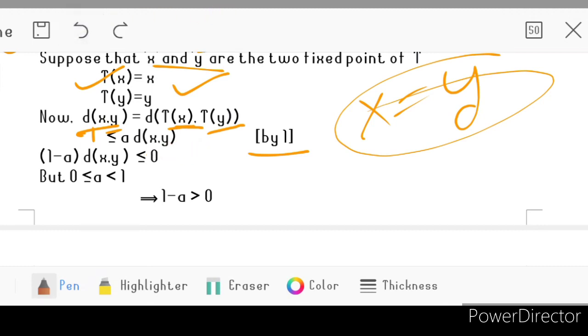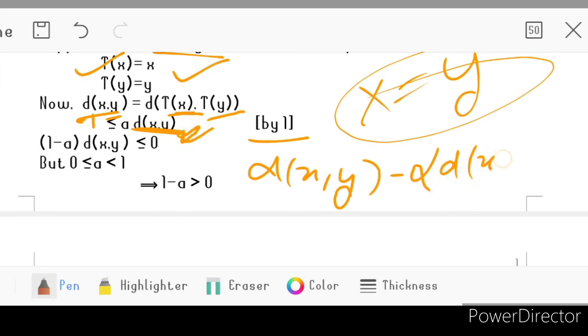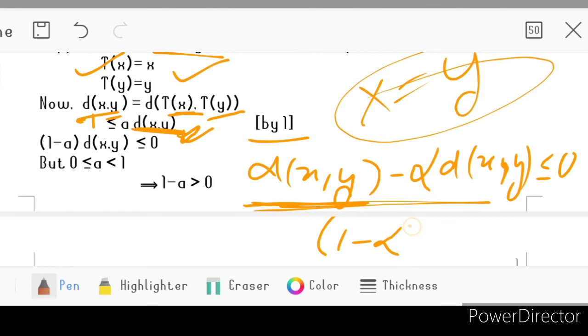Now we are shifting this to the left hand side, so it will be d(x,y) minus alpha d(x,y) is less than or equal to 0, and in this term we are taking d(x,y) common, so it will be (1 minus alpha) d(x,y) is less than or equal to 0.